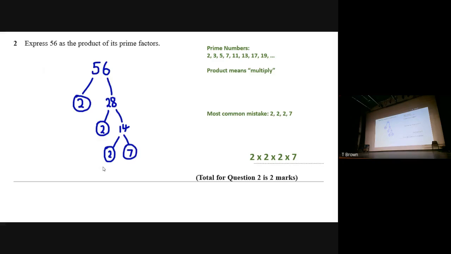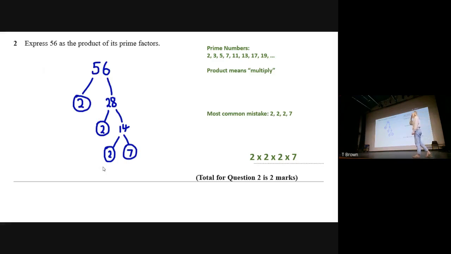That one's quite a good one if it's on the calculator paper, isn't it? Because you can use your calculator. There's a button on the calculator, yeah, you're right, sir. It's shift something, I can't remember what button it is. Fact. It says fact, so shift fact. It's got commas on the button. Basically you have to put the number in first, so you go 56 equals, and then you go shift fact, and you get the prime factors.